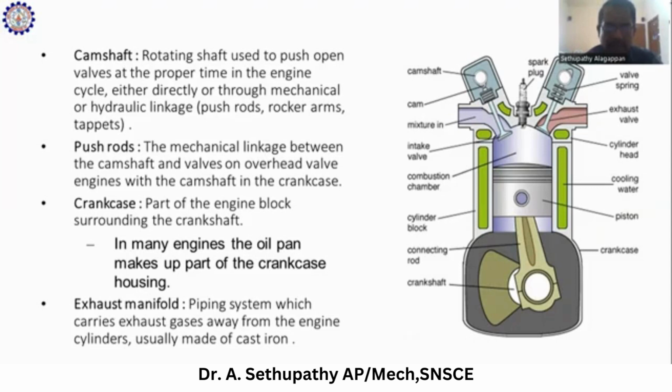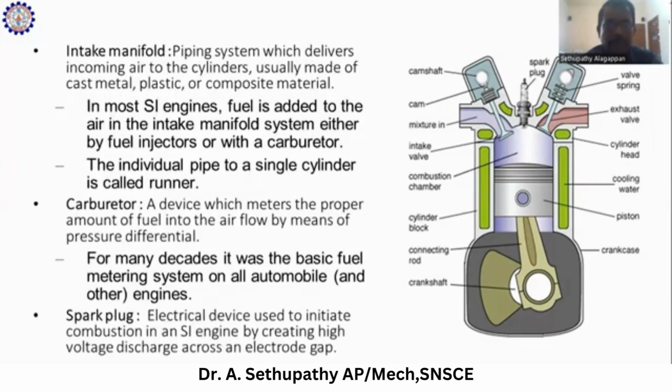Then the exhaust manifold, the piping system which carries exhaust gases away from the engine cylinders, usually made of cast iron. And the intake manifold, the piping system which delivers incoming air to the cylinders, usually made of cast metal, plastic, or composite materials.